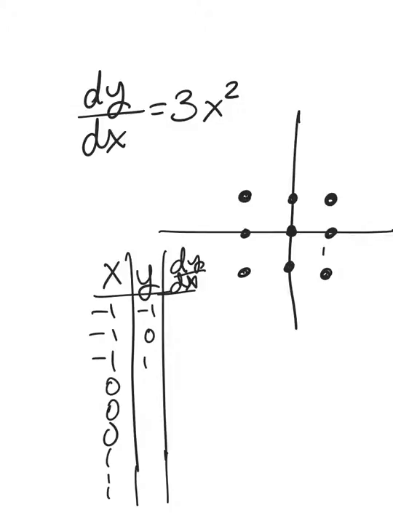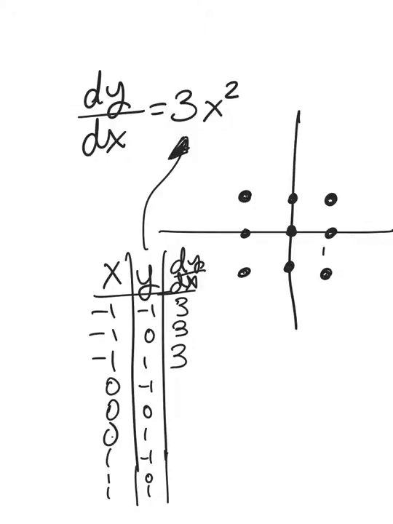So -1, 0, 1, -1, 0, 1, -1, 0, 1. And then you just have to plug it into our differential equation. Now in this case, I really didn't care about the y's because my differential equation only has x's. So if I plug it in, -1 squared is +1. 1 times 3 is 3, so that means my dy dx's at -1 are 3.